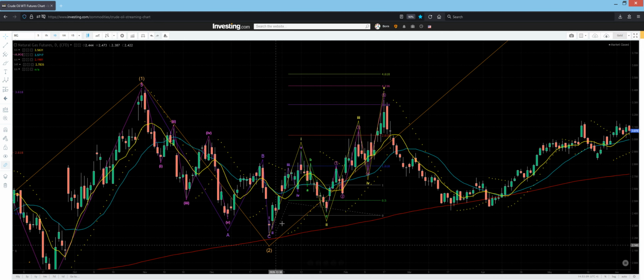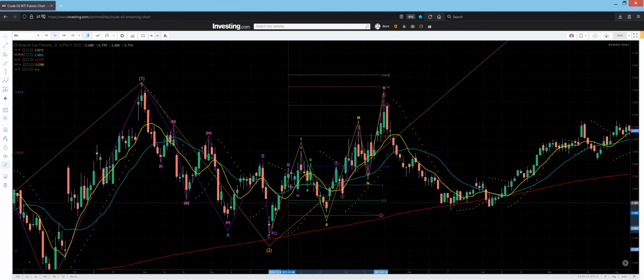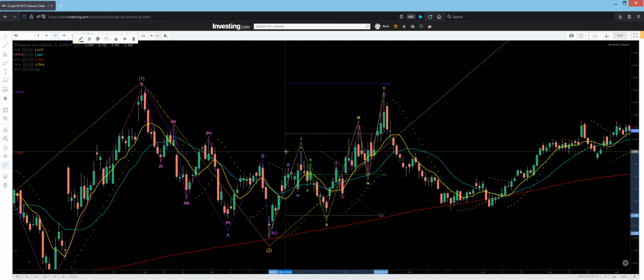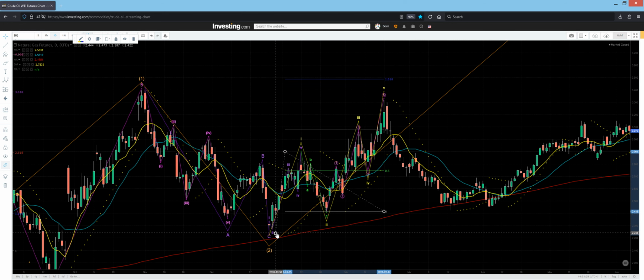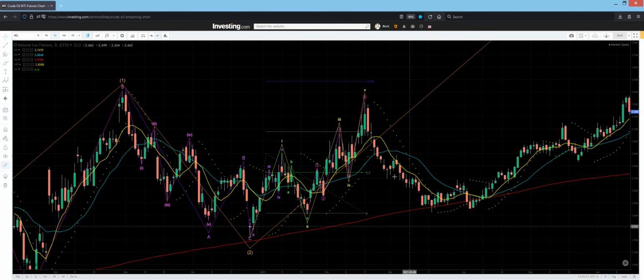And then the gap closure starting with wave one over here. Wave one also looks to be another leading diagonal, which is totally typical and not completely symmetrical like a textbook example. This is a field example. And we see that we're not going to get wave 5 all the way up over here.